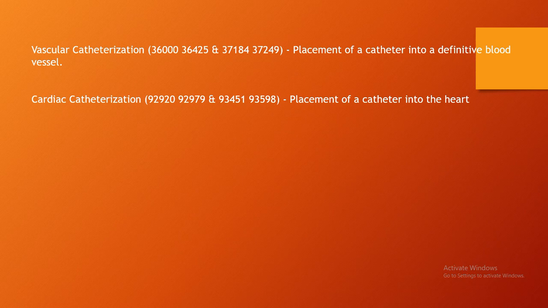And for cardiac catheterization we have 92920, 92979, 93451 and 93458. Here the physician will place the catheter into the heart, while in the top one the physician will place the catheter into the blood vessels. So that is the difference between vascular and cardiac catheterization.